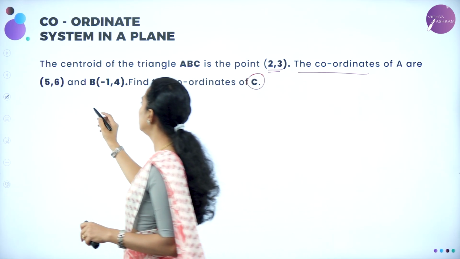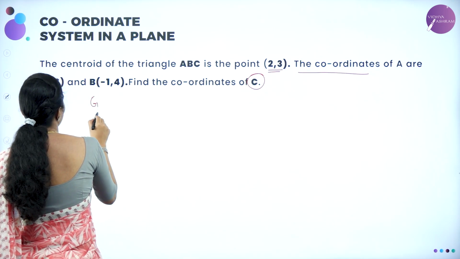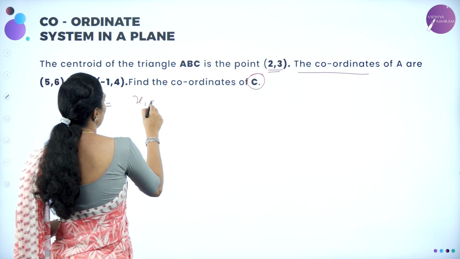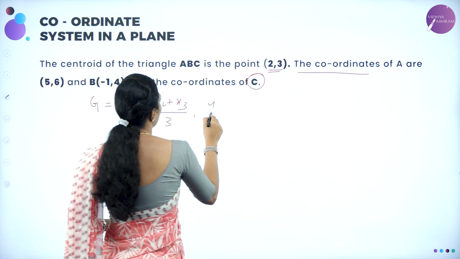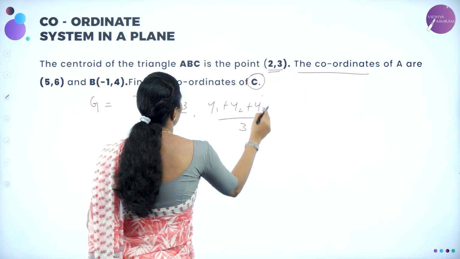What is the given? I am going to write it as a given. First, let me write the midpoint formula. Sorry, centroid formula. Centroid formula is given by x1 plus x2 plus x3 divided by 3, comma, y1 plus y2 plus y3 divided by 3. Correct?